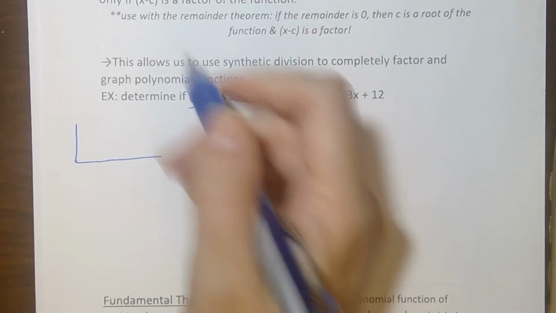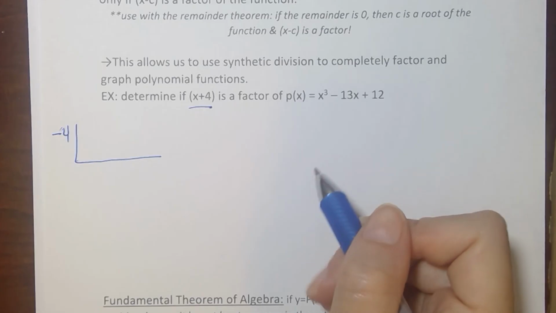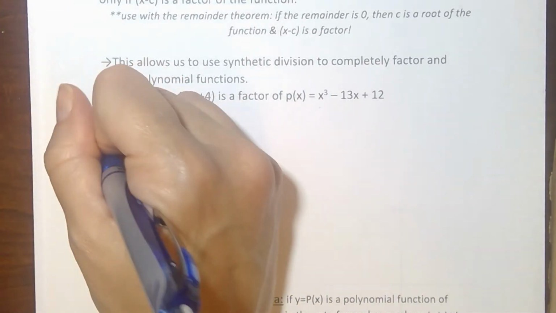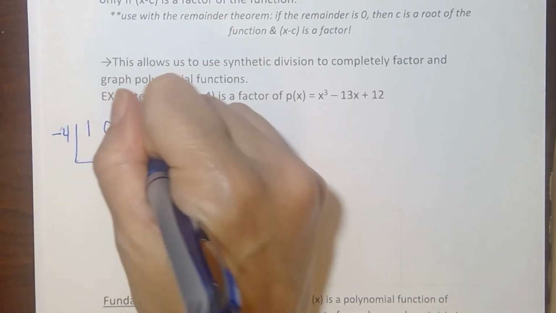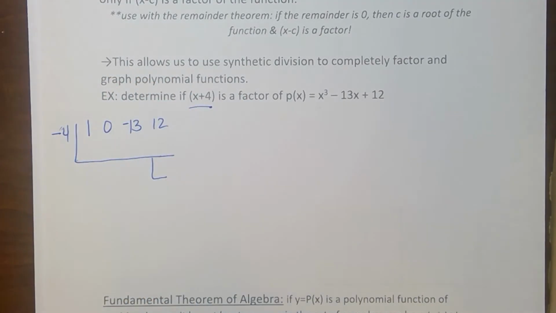If I were doing long division, I'm dividing by x plus 4, but using synthetic division, I use -4, the value c. I'm missing a term, so I've got to have a 0 placeholder for my squared term. Remembering that that last column is going to give me my remainder.